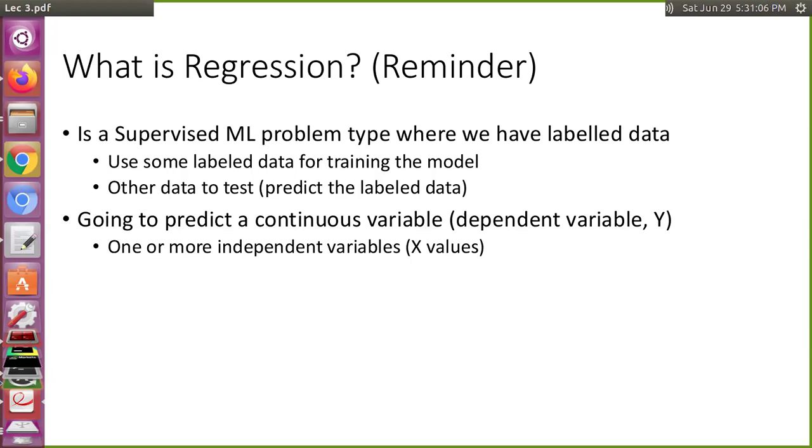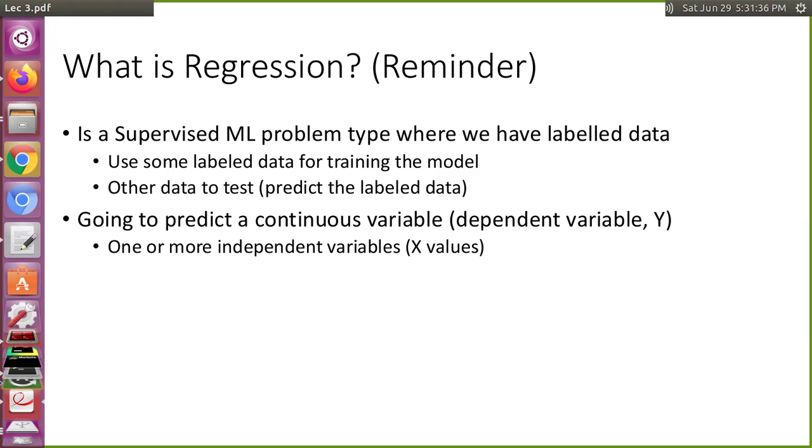Because you must have executed some task, or collected some natural data as the data set for supervised machine learning. That is the difference between unsupervised and supervised machine learning. In unsupervised machine learning, you will not have any dependent variable values or labels, but in supervised machine learning, you should have labels.